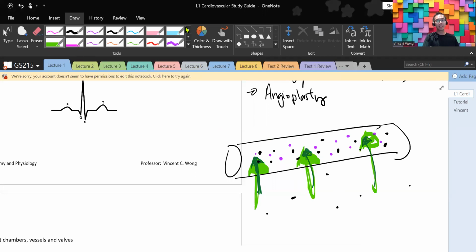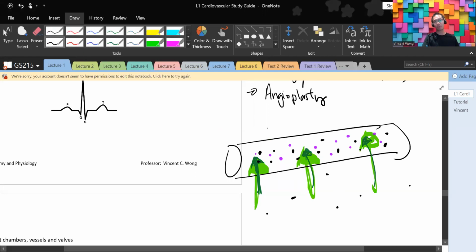Which would ultimately increase water retention, right? And that equals increased blood volume, which means increased blood pressure. So if you have high blood pressure, you don't want this to happen, okay? You want to stay off from the salty stuff.